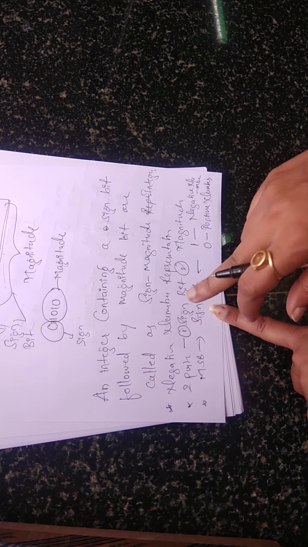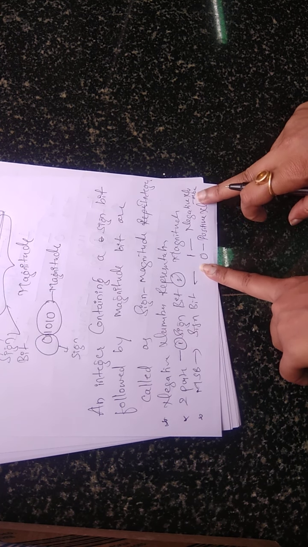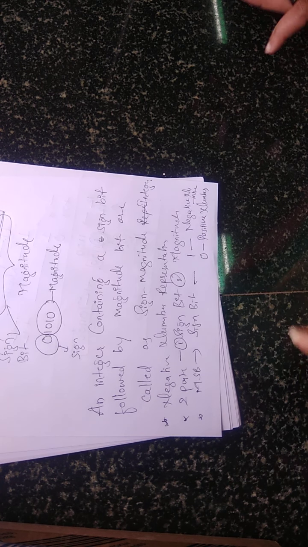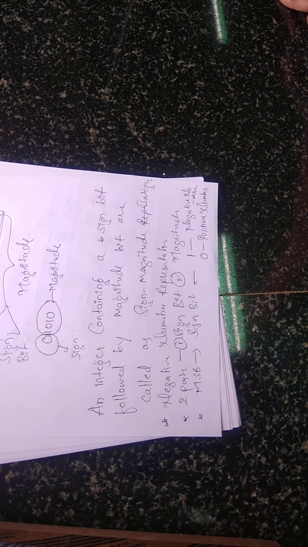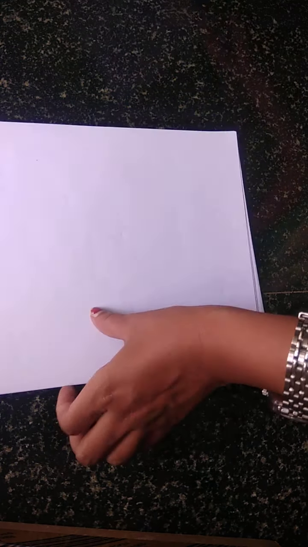In the sign bit we write either 1 or 0. 1 means a negative number and 0 means a positive number. Clear? So this is the theory for the sign and magnitude representation. Write down this much. Done?